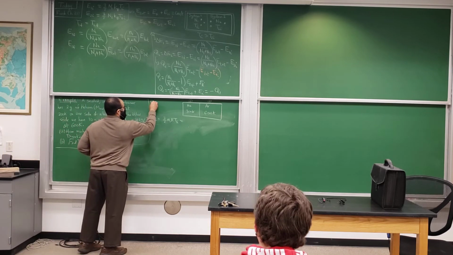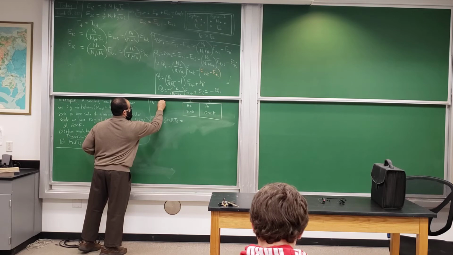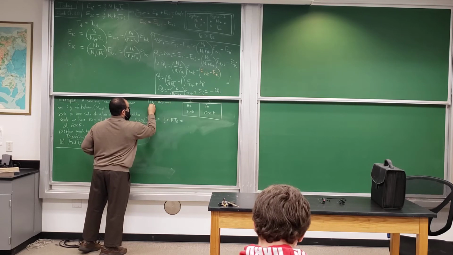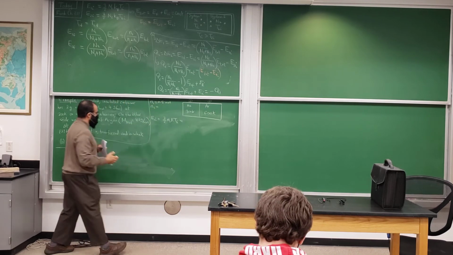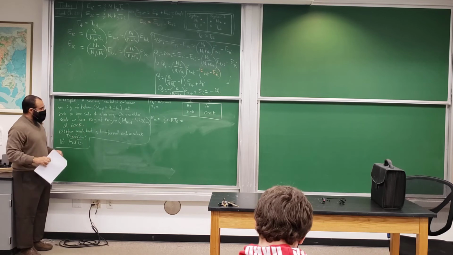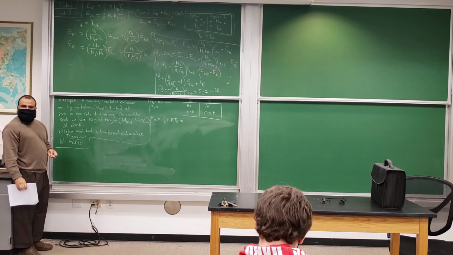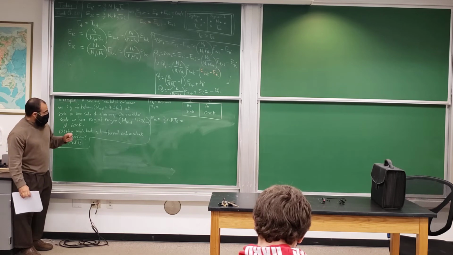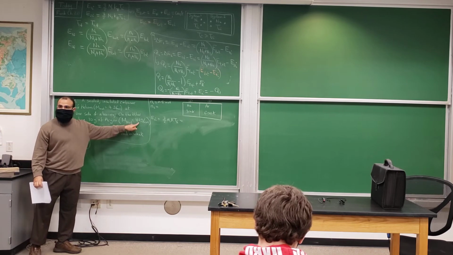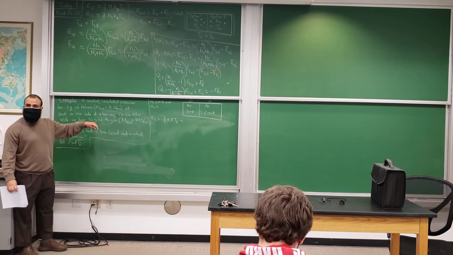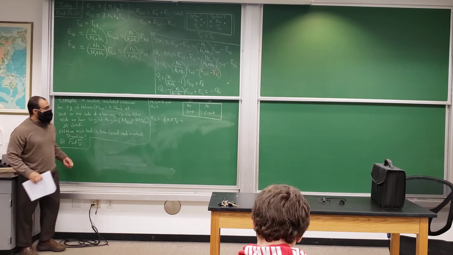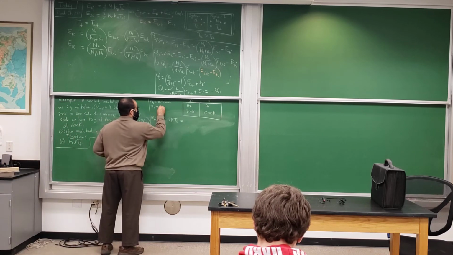So N1 is 0.5 moles. And then the number of moles of system 2, how many moles does the argon have? If we had 1 mole, we would have 40 grams, 40 grams for every mole. So 0.25 moles, a quarter mole.